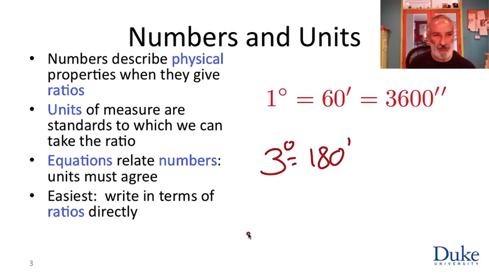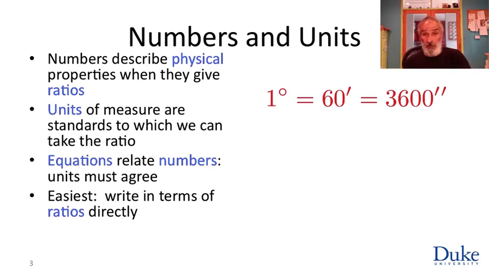But I can't do that calculation in my head, so I won't put that down. So the number that you assign to, for example, an angle is meaningless until you say in what units you are measuring that angle, in what units you are measuring that distance. Making sure that when you assign a number to a physical quantity, you remember what units you are measuring, what ratio it is that that number designates, is going to be very important as we go along.